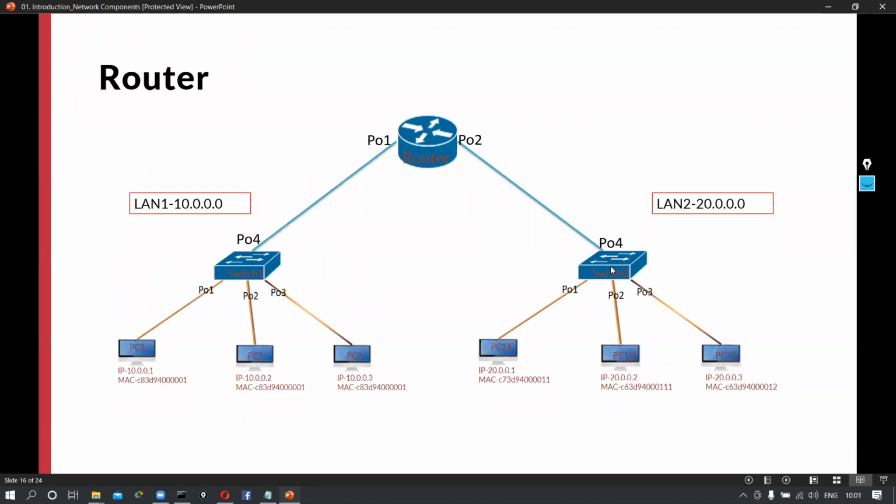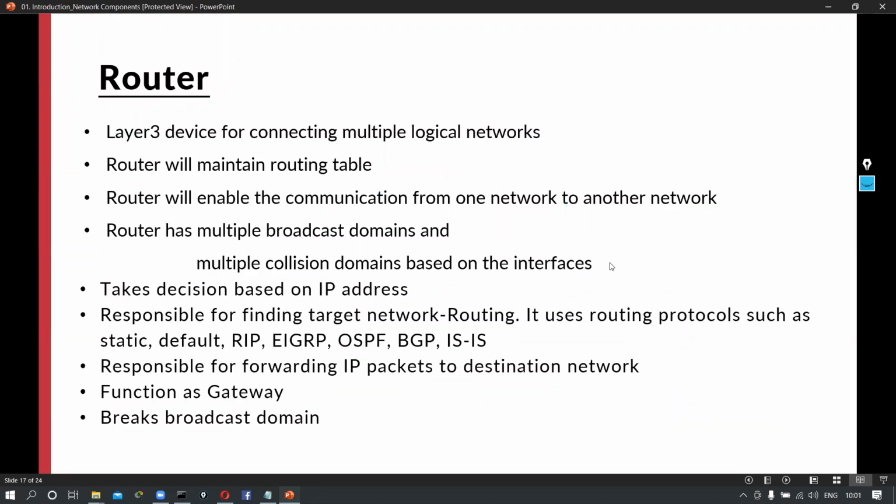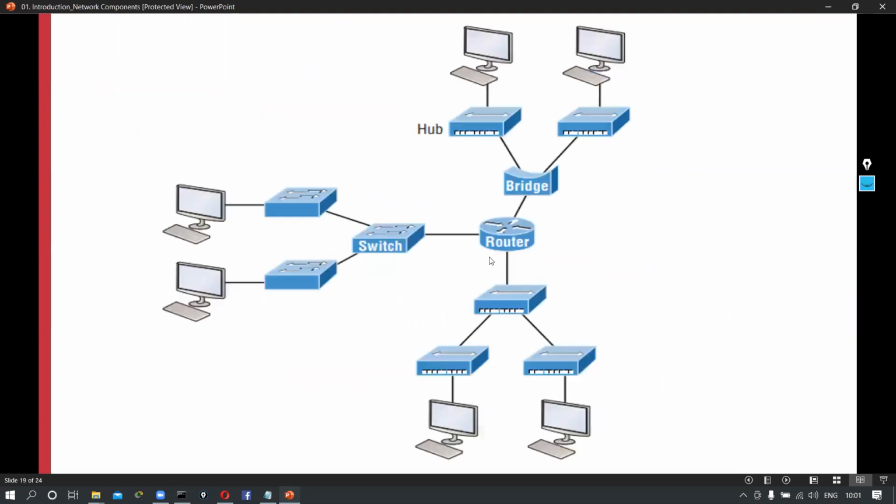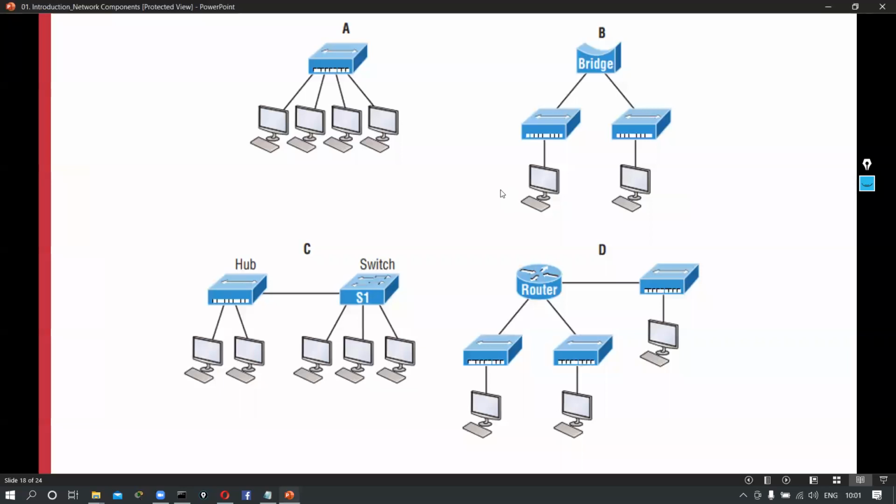Clear, guys? We'll see this part tomorrow, and not only this, we'll discuss how many collision domains there are in these different topologies, and how many collision domains and broadcast domains are possible. We'll complete it tomorrow.